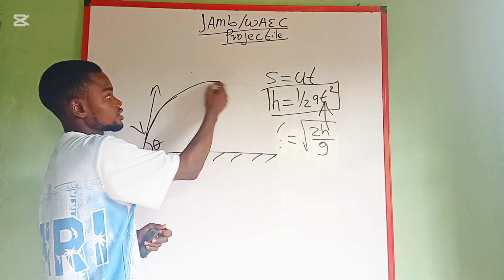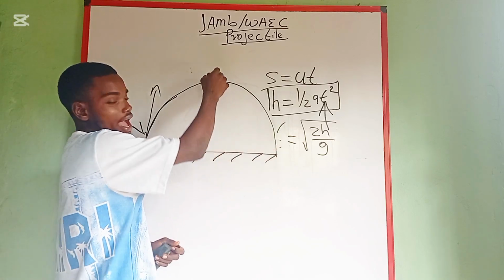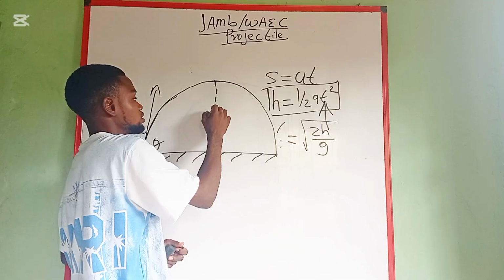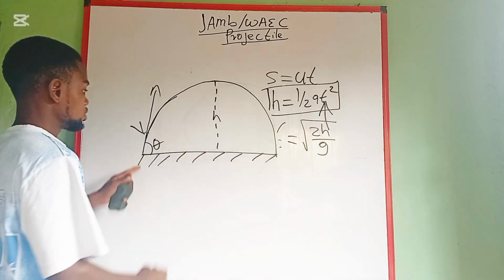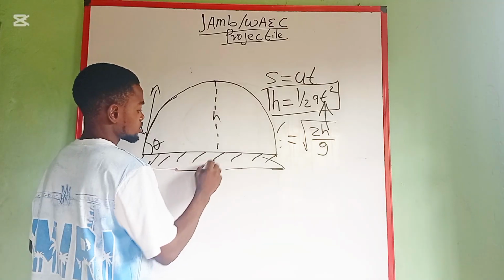And once that force is no more, the ball will start falling down. That greatest height that the ball reaches before falling down is what we know as the maximum height.